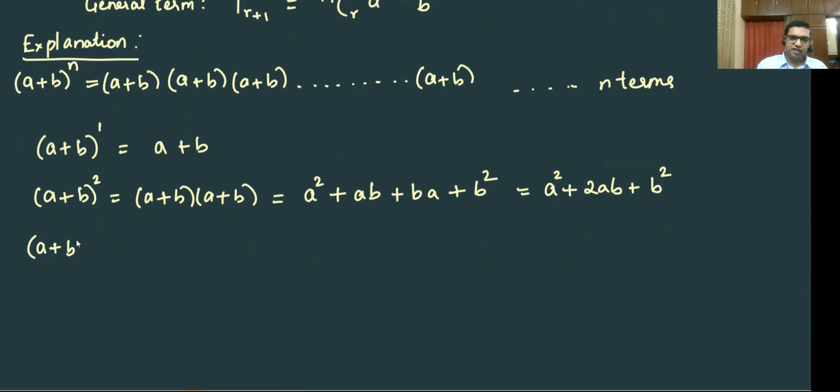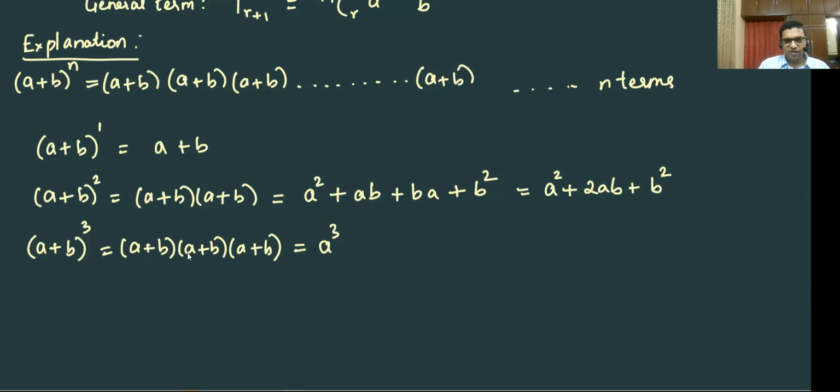A plus b the whole cube. What happens is you are taking one term from the first factor, one term from the second factor, one term from the third factor. So a gets multiplied with a, gets multiplied with a, you get a cube.